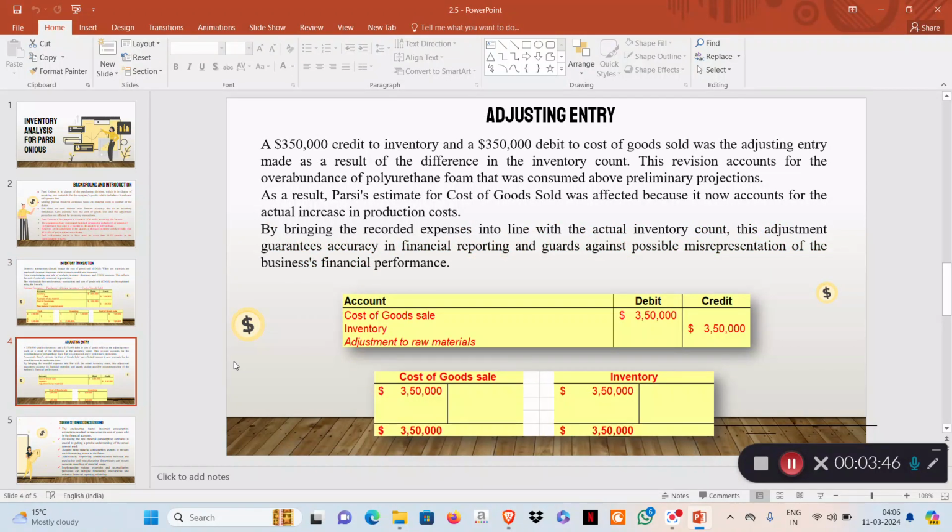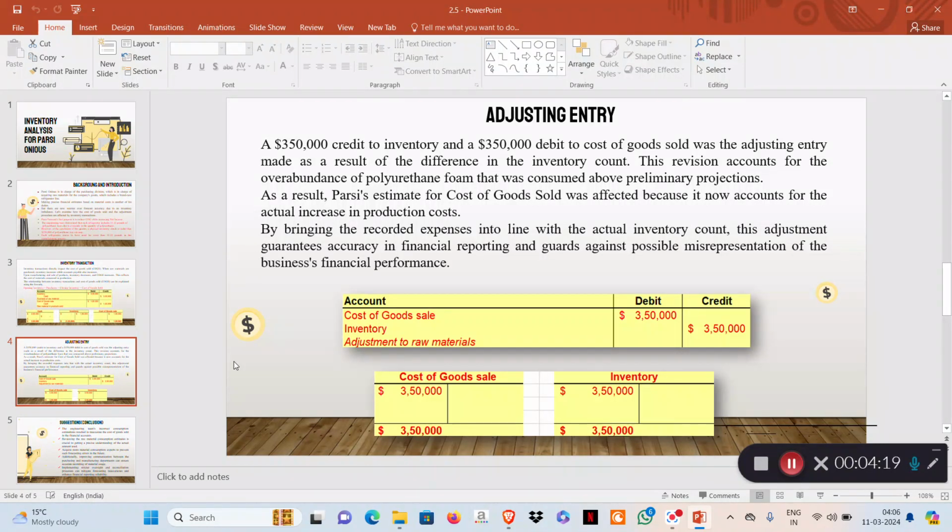So now let's proceed to the adjusting entry, which states that a $350,000 credit to inventory and a $350,000 debit to cost of goods sold was the adjusting entry made as a result of the difference in the inventory count. This revision accounts for the overabundance of polyurethane foam that was consumed above preliminary projections.